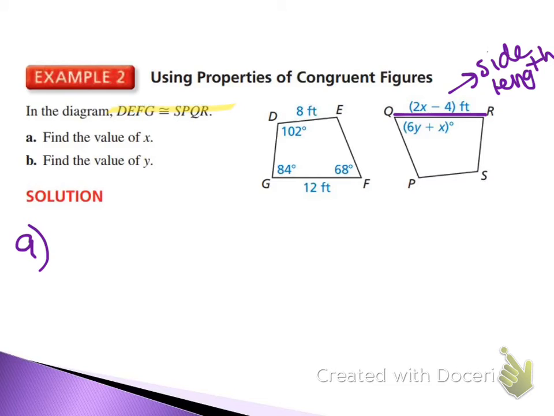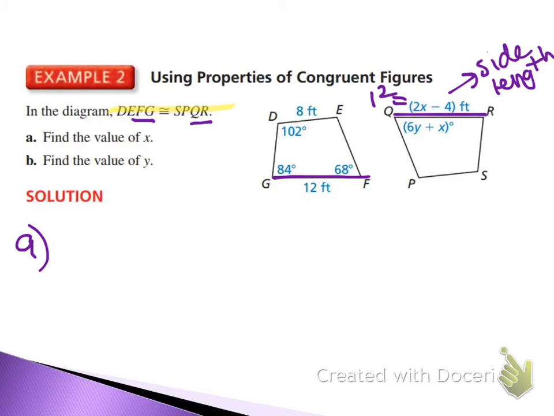So let's go back to our statement over here. We've got QR. It is the last two letters. What is QR going to be congruent to? FG. Okay, QR and FG. So what is 2x minus 4 going to equal? How many feet is it going to equal? 12.